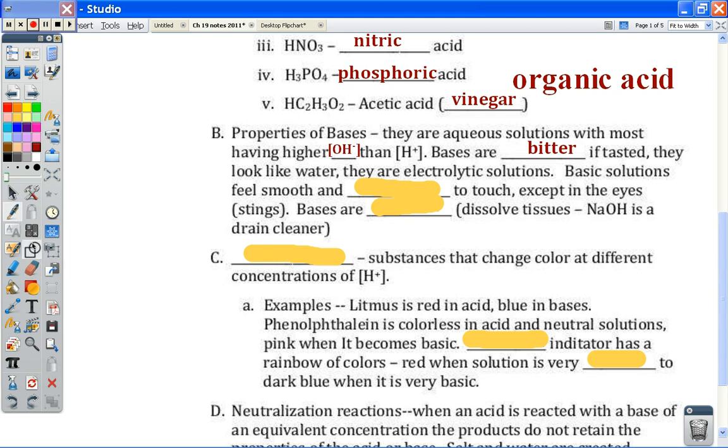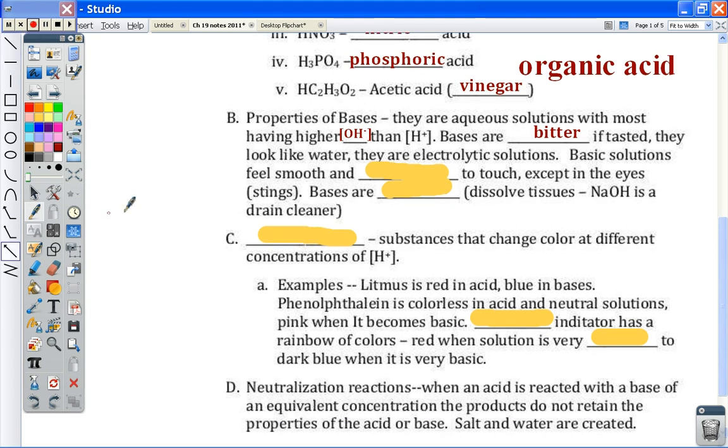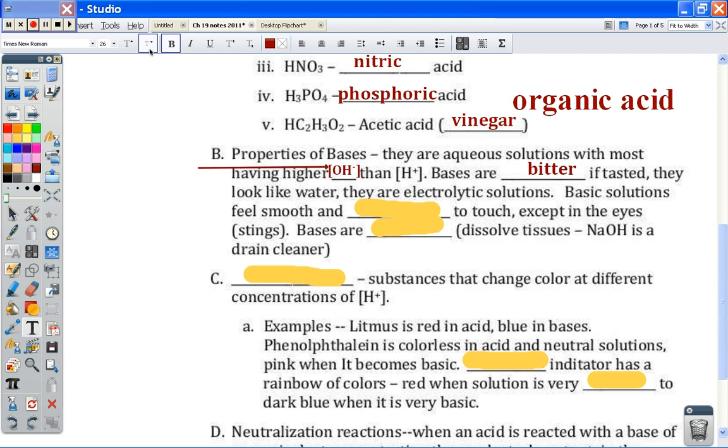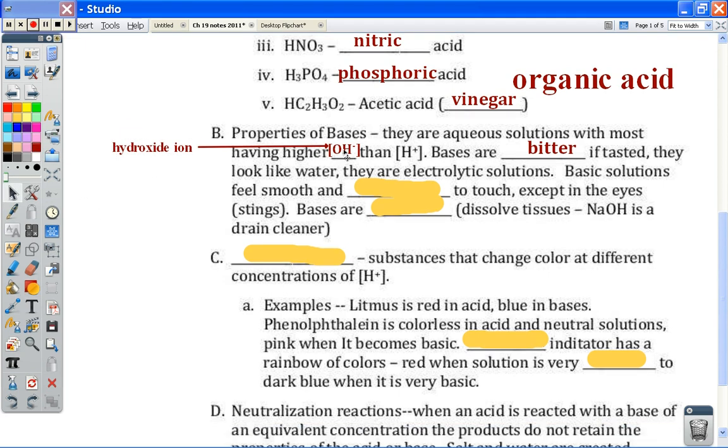This OH is called hydroxide. The hydroxide ion is this guy right here, this OH minus. This is the telltale sign for bases.